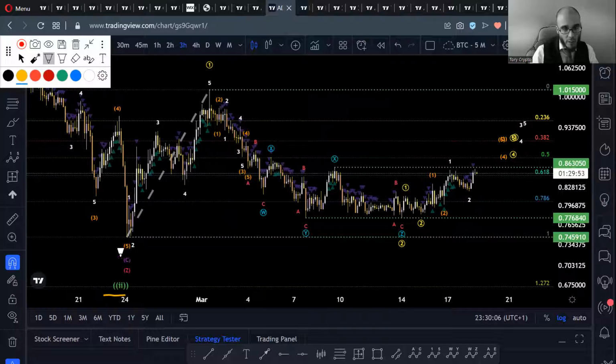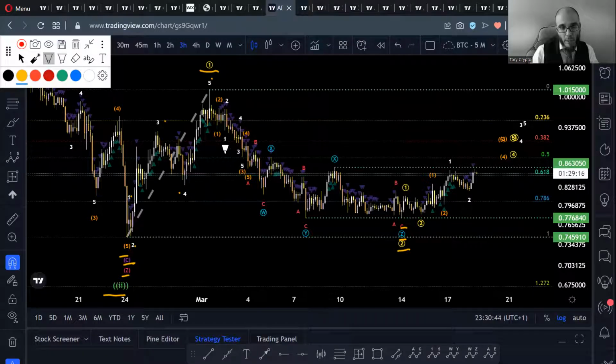It was 5 of C of Z, and we started an impulse wave 1, 2, 3, 4, 5, forming wave 1. Then we had a correction. How you label wave 2, the internals of wave 2, might be up for discussion, but I think that wave C of Z of 2 ended here.